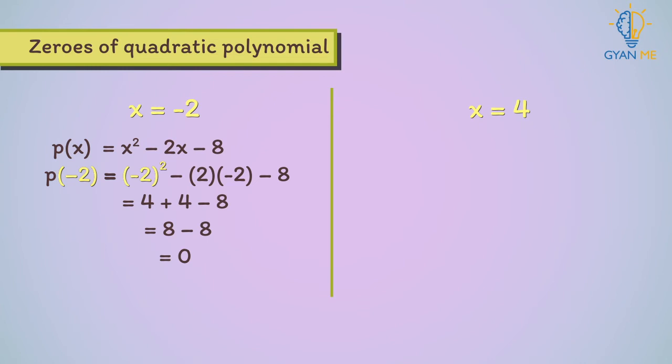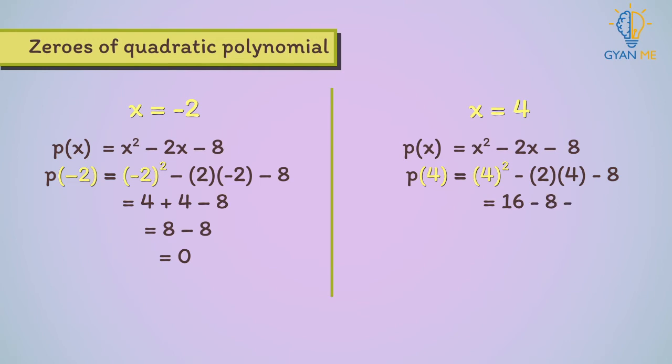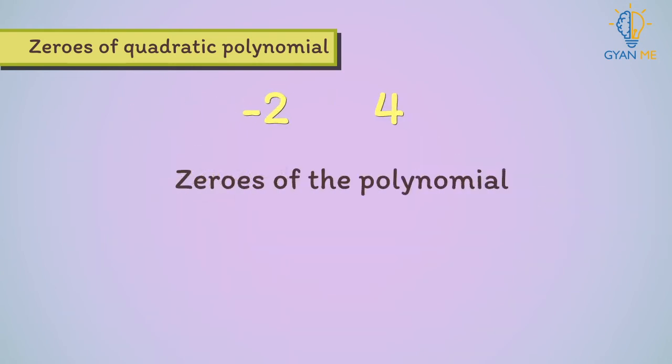While in the second case, where we replace x by 4, we get p of 4 equal to 4 raised to 2 minus 2 into 4 minus 8. On solving, we get 16 minus 8 minus 8, which gives us 8 minus 8 equal to 0. Therefore, minus 2 and 4 are zeros of the polynomial p of x equal to x raised to 2 minus 2x minus 8.